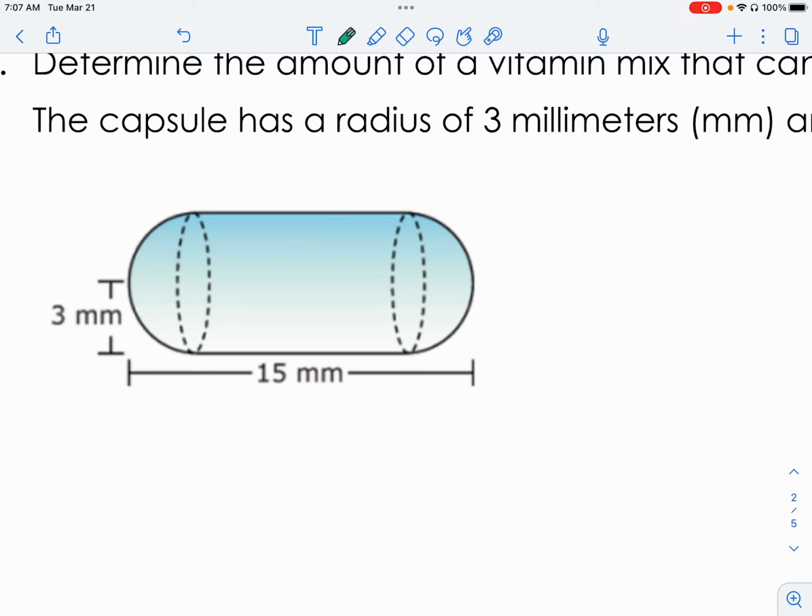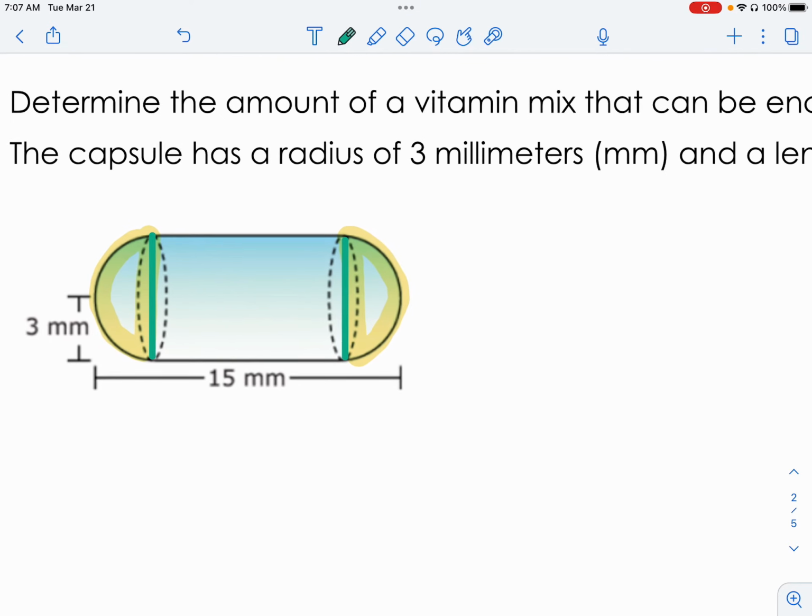So if I took this capsule here and cut off the ends of both of this, well, this is a half sphere and this is a half sphere. So when I put those together, I can make a sphere. So the ends make a sphere.